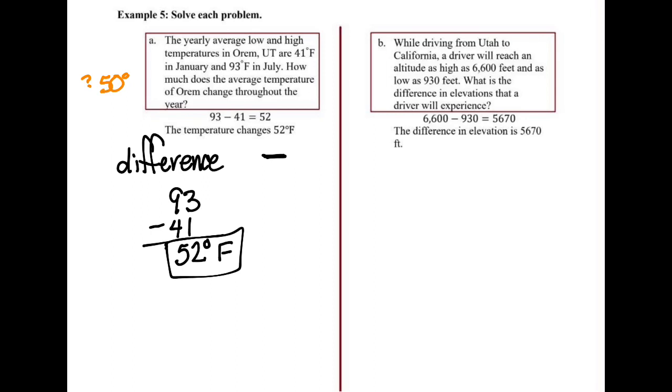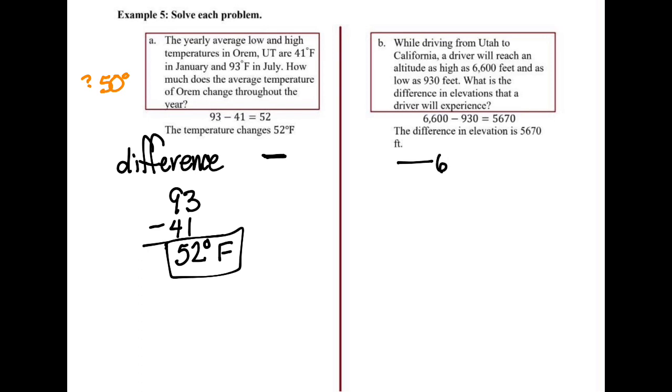While driving from Utah to California, a driver will reach an altitude as high as 6,600 feet and as low as 930 feet. What is the difference in elevations that a driver will experience? Okay, so we see that key word right there, difference, right? Okay, so elevation is an up and down.